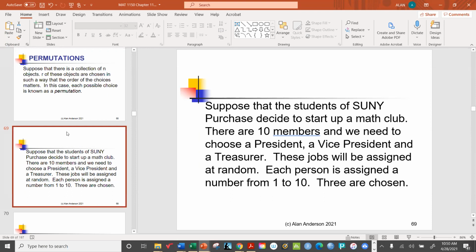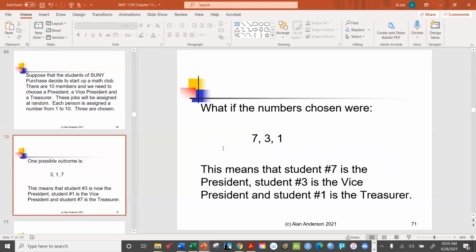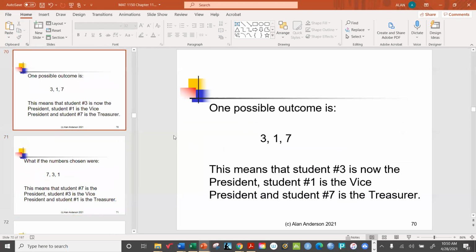Okay, so let's say that this faculty advisor picks the 3, followed by 1, followed by a 7. This means that student number 3 is the president, student number 1 is the vice president, and student number 7 is the treasurer.